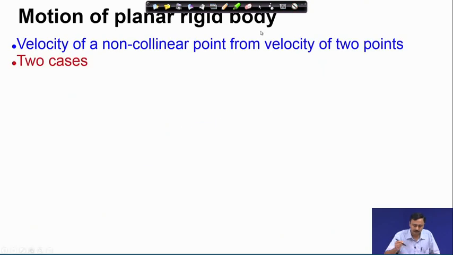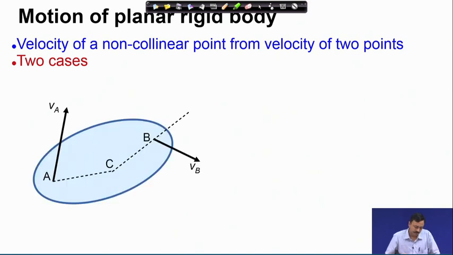So, let us move on. Now, let us consider a rigid body again on the plane with velocities specified VA and VB, which must satisfy of course our constraint. Let us look at that once again. So, this is the direction AB.